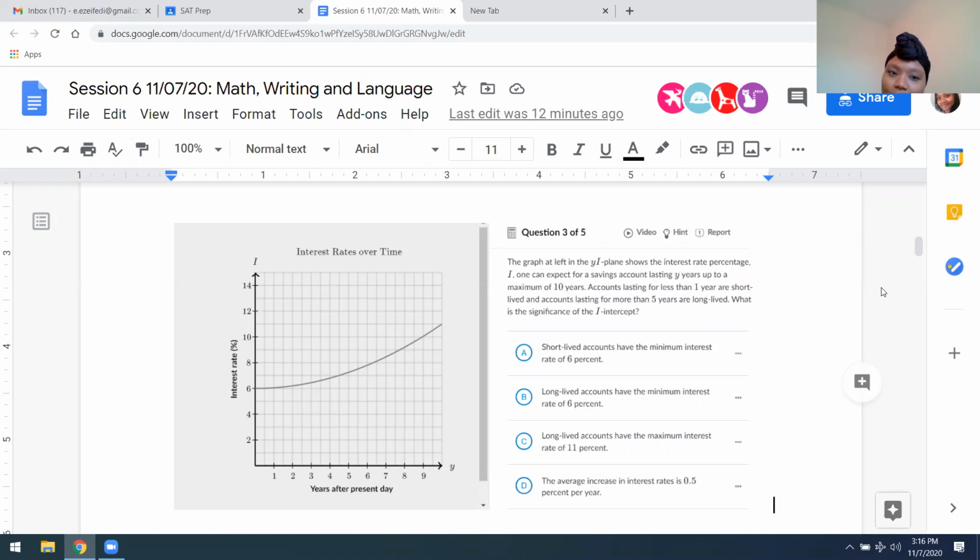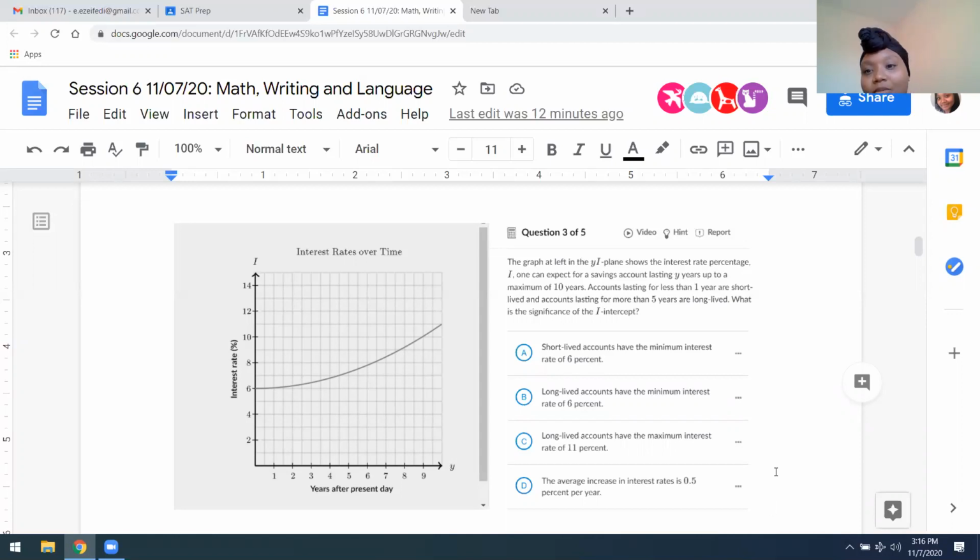So where do we start with this? Well, I would suggest, sometimes these problems require that you translate, first of all, before you even get to the question, what they're saying, what they're giving you.